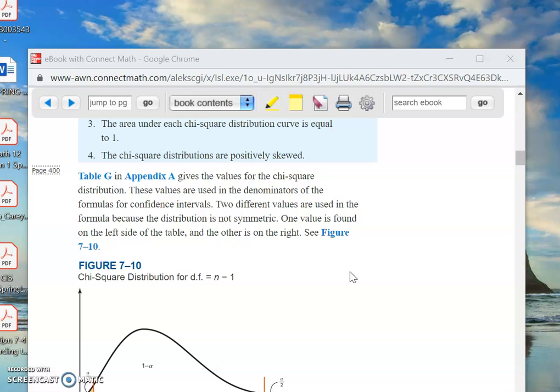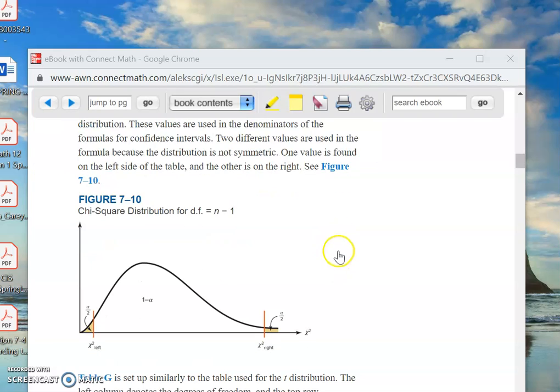So for convenience, we would only find one coefficient. We only had to find one of these critical values, because the z distribution is symmetric. So if you have one, you can have the other. We cannot do that with the chi-square distribution because it is not symmetric.